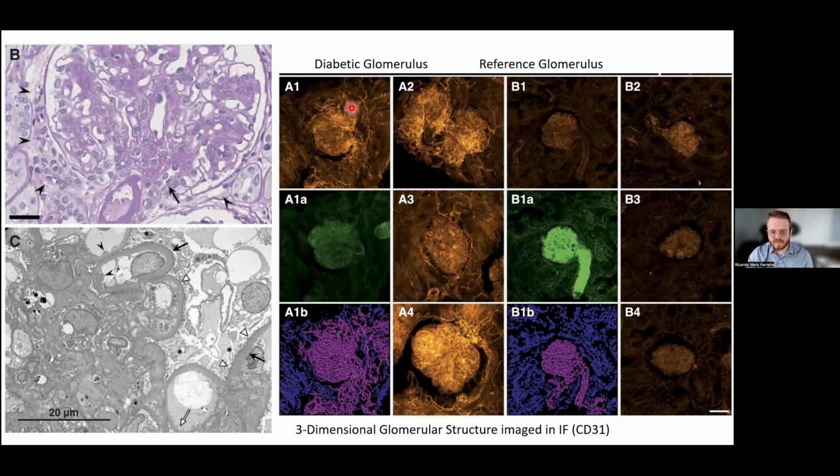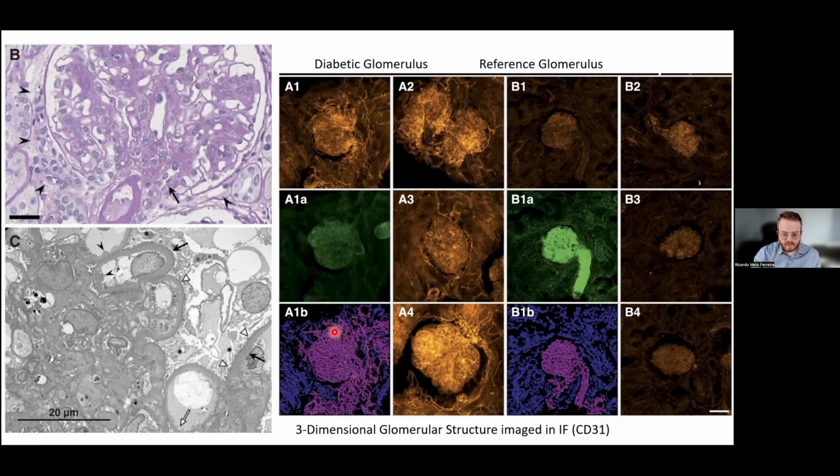And you can see that it's not only an increase in intensity, which you could, in theory, argue might be a batch effect, but also the presence of those endothelial cells sprouting from the Bowman's capsule, right? And surrounding the glomeruli in this network of endothelial cells, of capillaries.